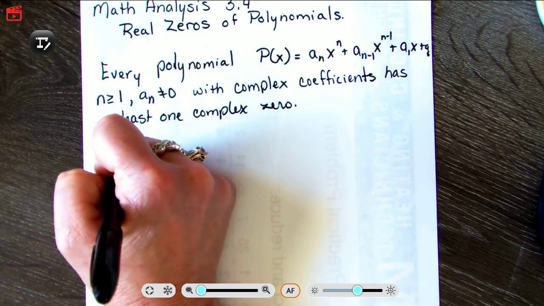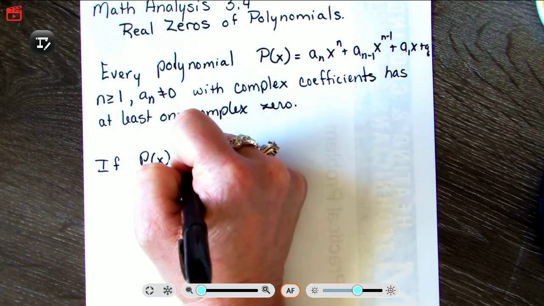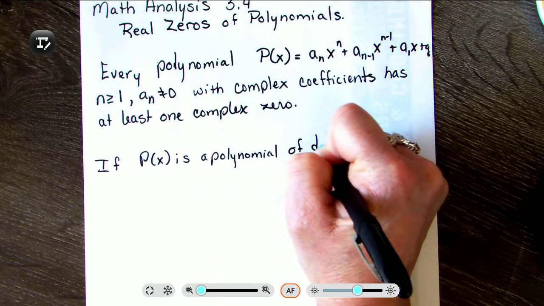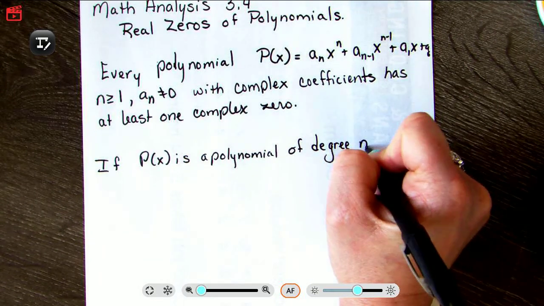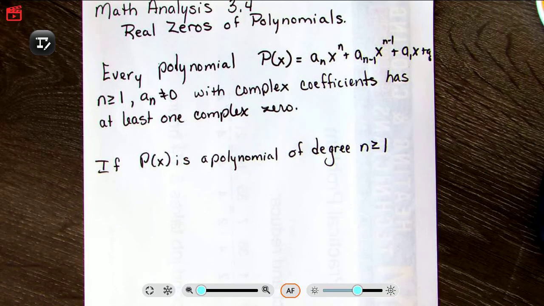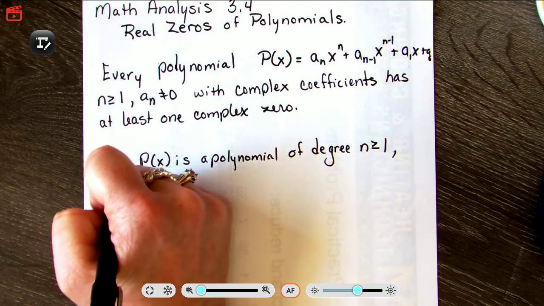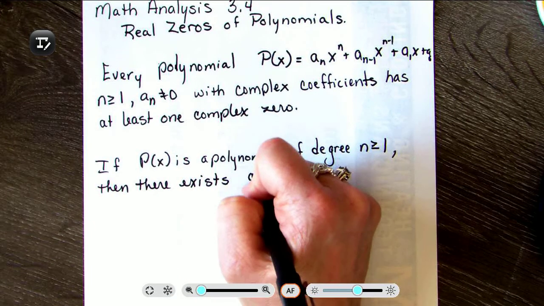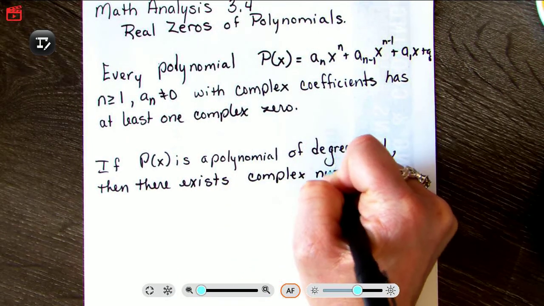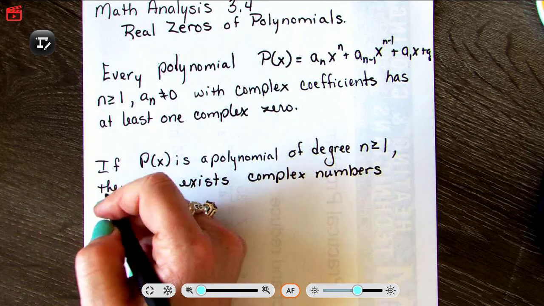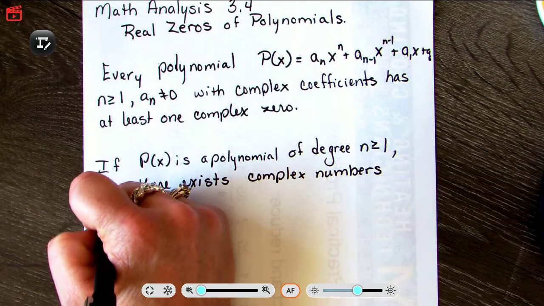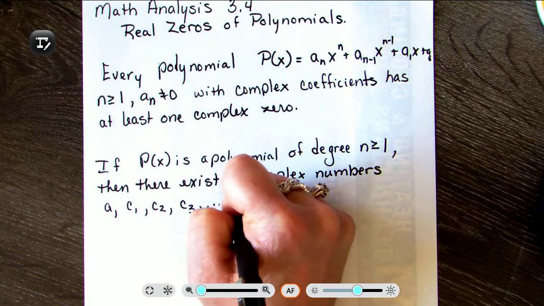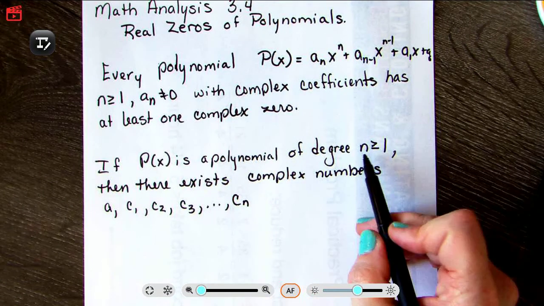Another piece of information. If p of x is a polynomial of degree n, so I'm going to be working with the one that's above, and n is bigger than 1, so at least a linear function, then there exist complex numbers, and we will use the letter C, so C1, C2, C3, all the way up to Cn, and yes, this n does agree with this n.